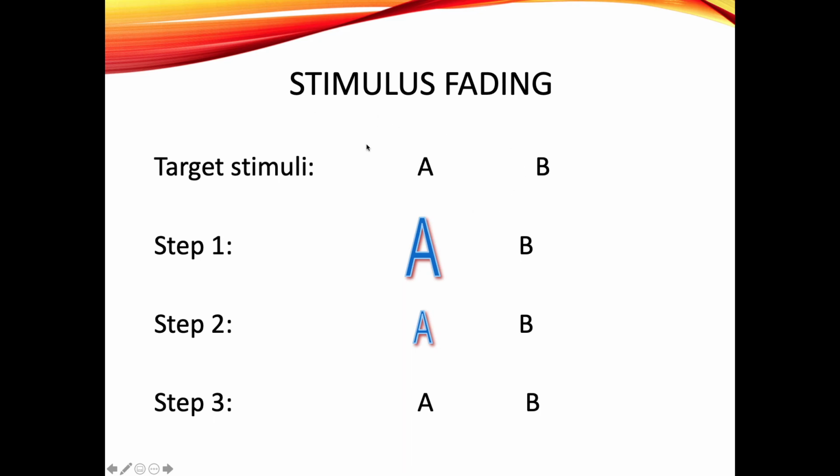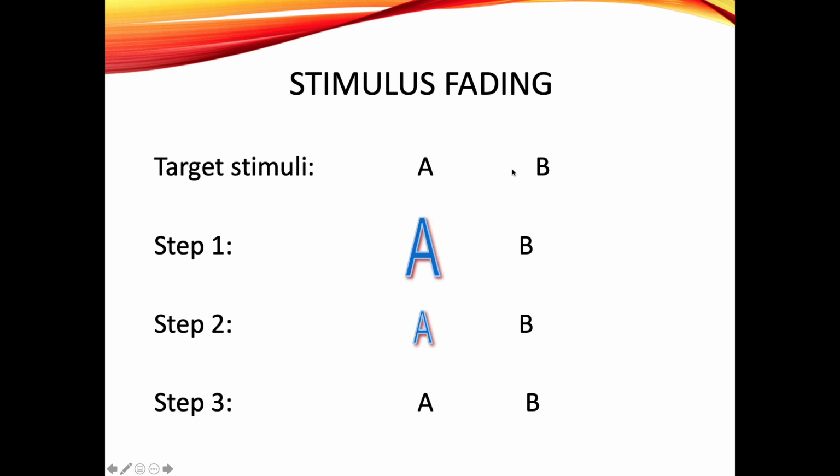And this is one of the things I was describing in the early discussion of transfer of stimulus control. So say, for example, we are trying to teach discrimination between the letters A and B, and the target stimuli, the actual stimuli we are using, look like what you see here on the screen, A and B, right? So say, for example, that's on an index card or a touchscreen computer.